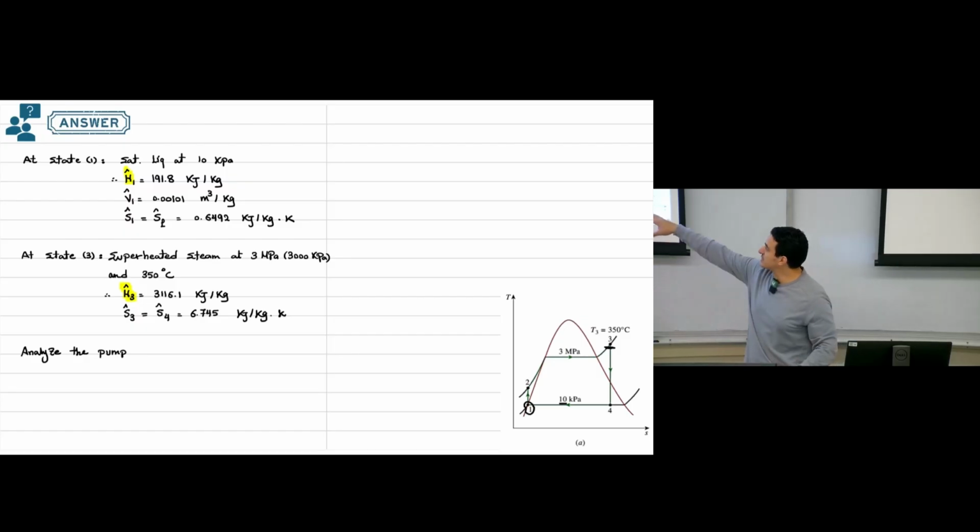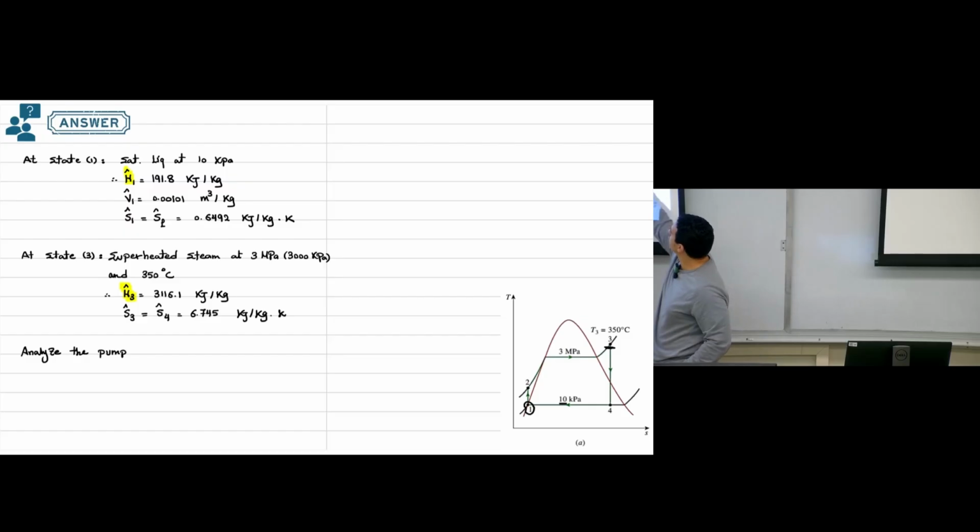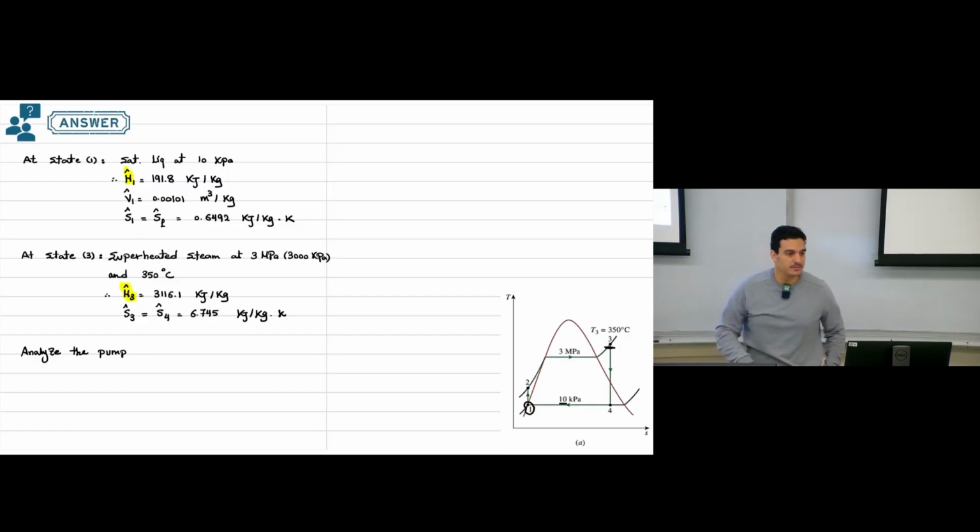So what if these steps represent the pump? Is it the change we have from 1 to 2, or 2 to 3, 3 to 4, 4 to 1? Which one represents the pump? 1 to 2, right. So this is the pump, the change from state number 1 to state number 2.